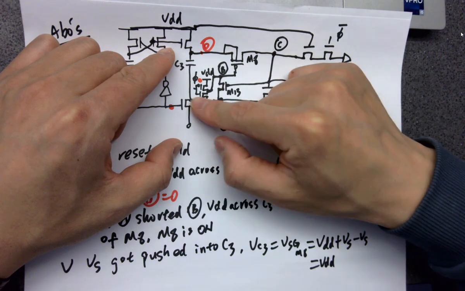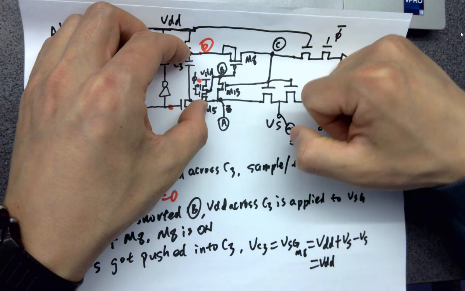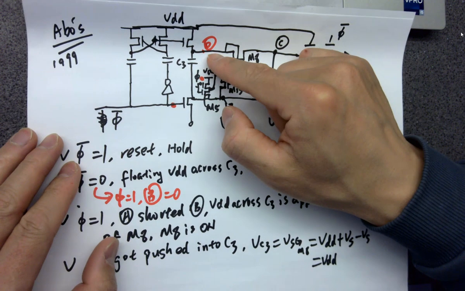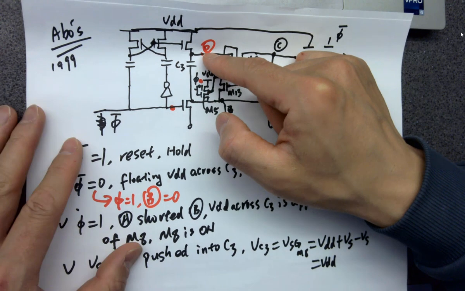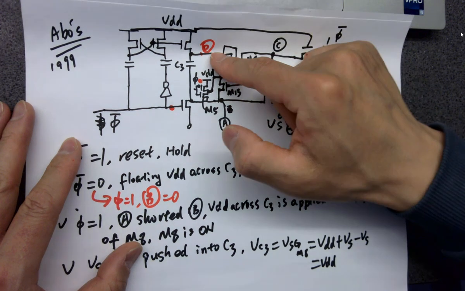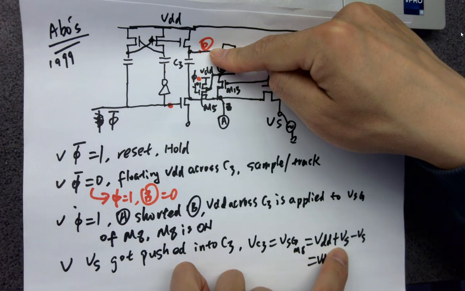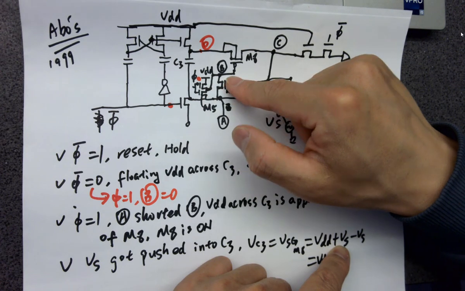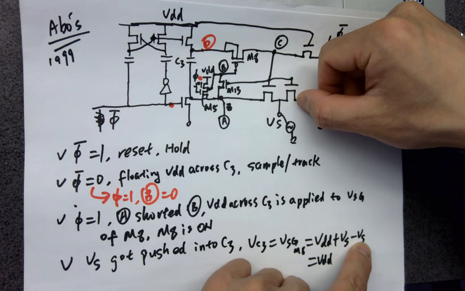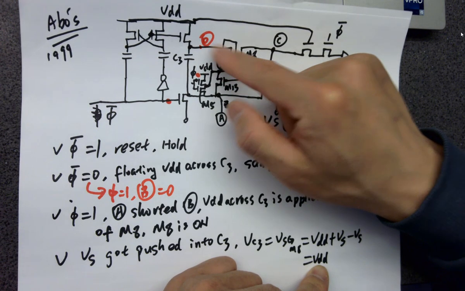And also VS is pushing into the capacitor, so eventually the voltage here becomes VS plus VDD as well, okay, which is the voltage at this point, because this is VDD and add VS to ground, so the voltage at this point is VDD plus VS. And because VS arrives at this point, so eventually VSG is VDD plus VS minus VS, and which is eventually VDD. So you are getting a constant VDD across the PMOS, which is good.